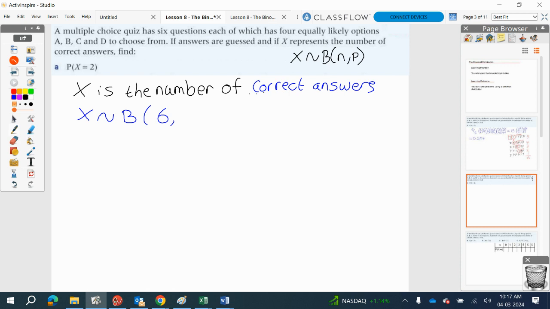What's the probability of success? We want the probability that the event X results in a 2, meaning 2 correct answers.